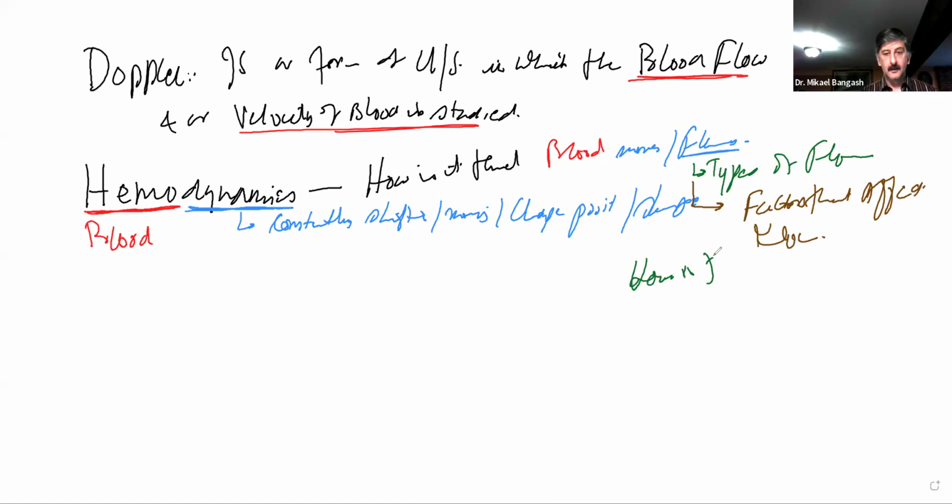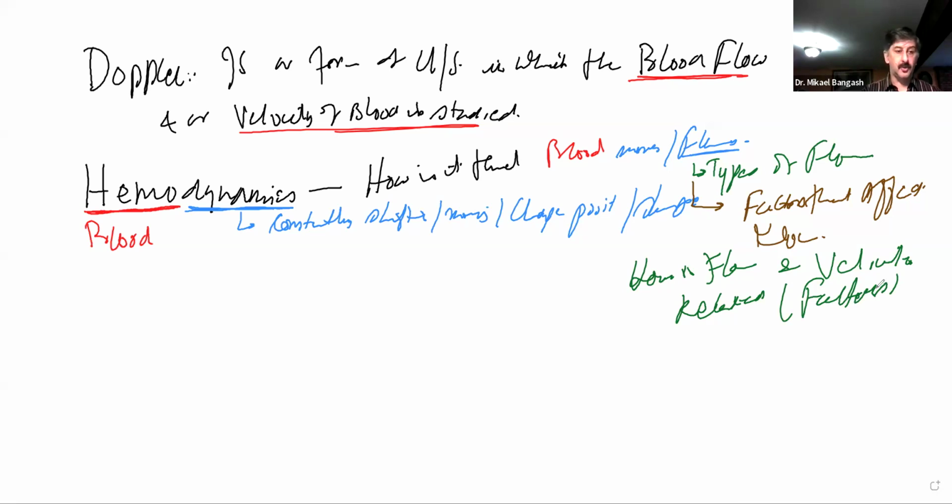And last but not least, how are flow and velocity going to be related? And of course, since we're talking physics, the factors that affect that. Is that clear?